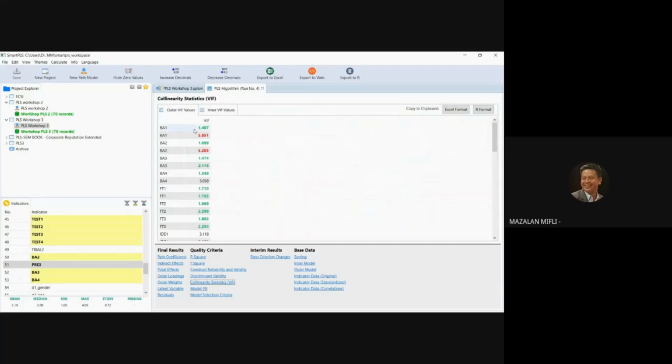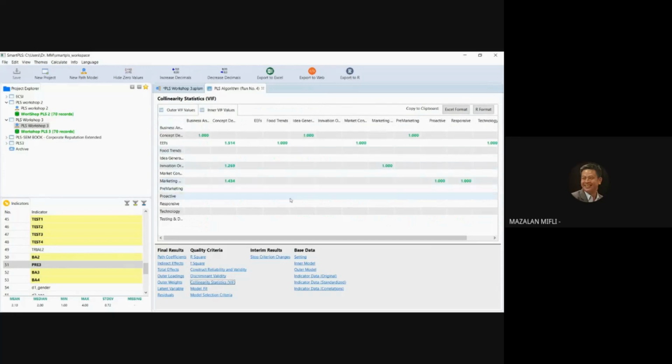You don't look at the outer, you just go to the inner. They all look fine to me. Don't worry on this. Innovation orientation and marketing, they are above 1. As long as this one has no value in all green color, it should be good enough. So you're not actually violating that.